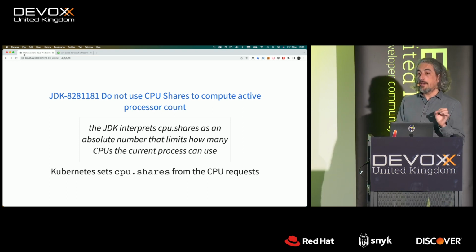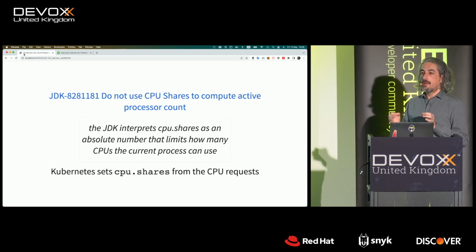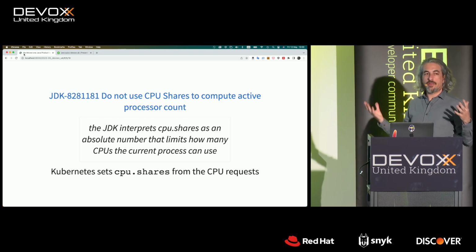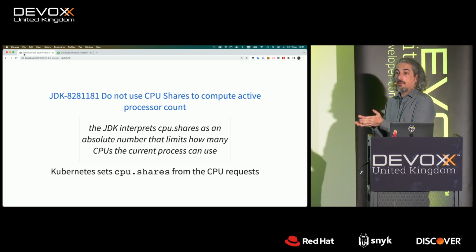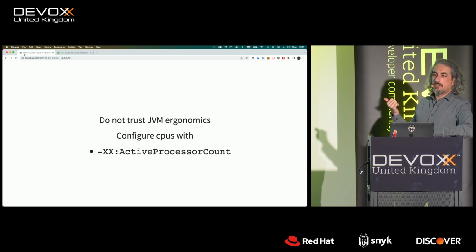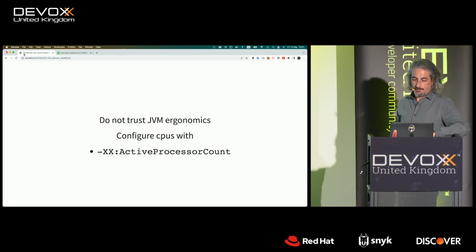So you run a tiny container in a machine with 256 CPUs or very big, the JVM is going to make thread pools huge, and other things very big, but really you don't have that CPU assigned to that container. So again, if you want to be on the safe side, you can also set the active processor count, and you can explicitly tell the JVM how many CPUs you want it to recognize.